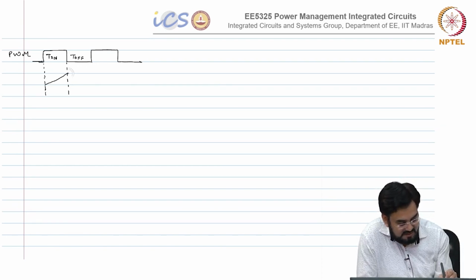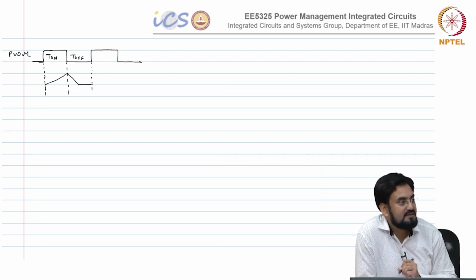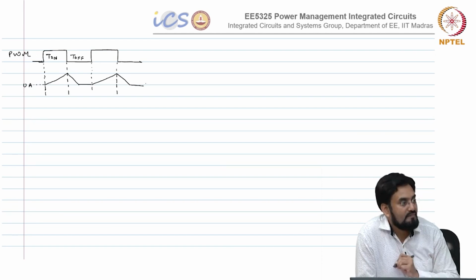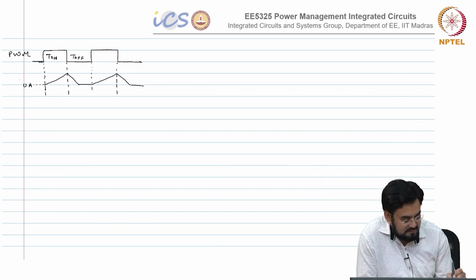So, which means before your T off gets over, current should reach 0 and it will remain flat here at 0. So, this is your 0 amp point. Then again it will rise and do the same thing. Inductor current.